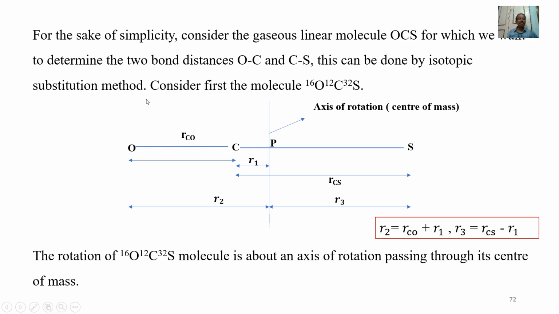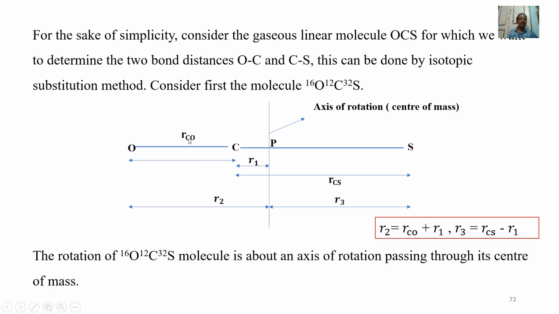Consider first the molecule O16 C12 S32, and here it is given, and P is nothing but the axis of rotation, which is the center of mass. The distance between carbon and the center of mass is R1. The distance between oxygen and the center of mass is R2. The distance between O and C is given as RCO.